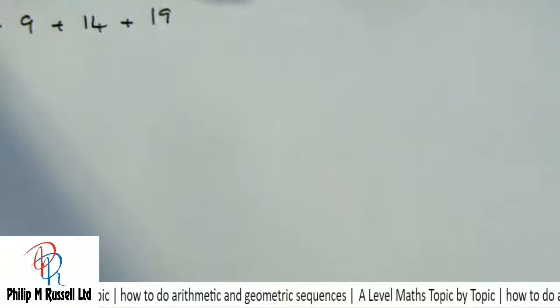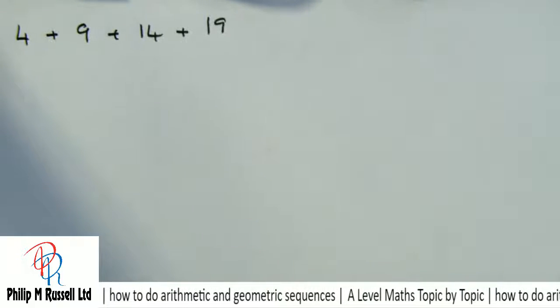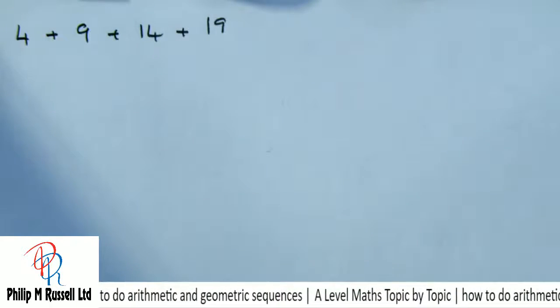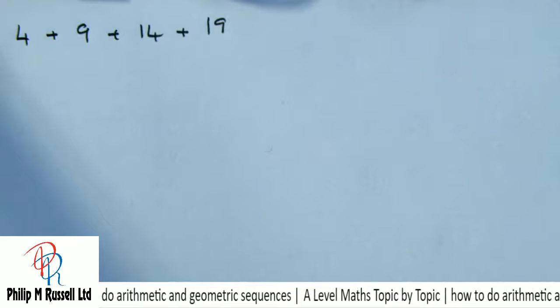So if I want to find the first 50 terms of this, where do we start?